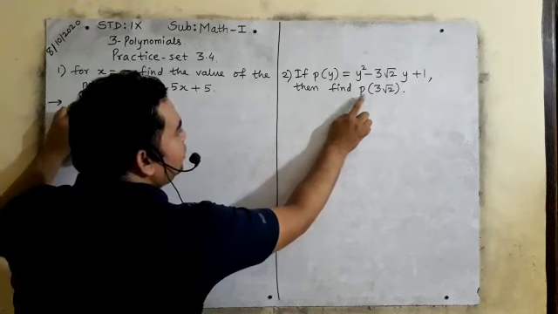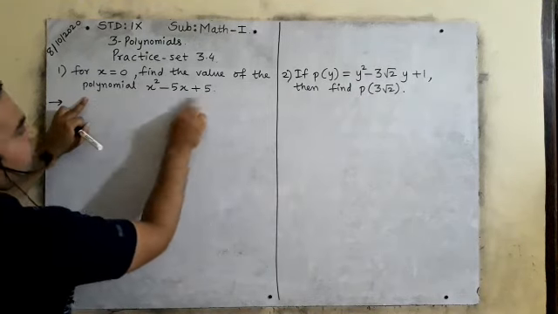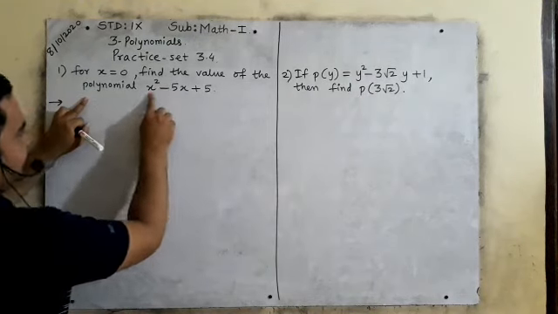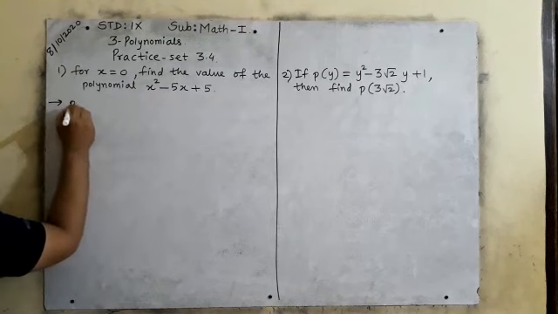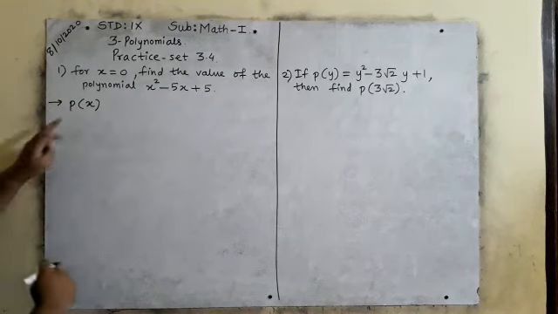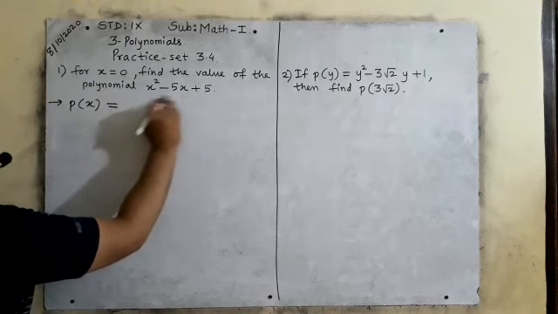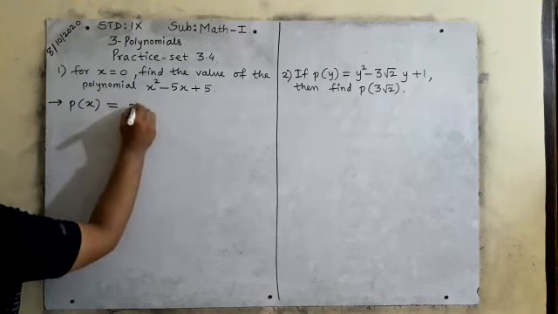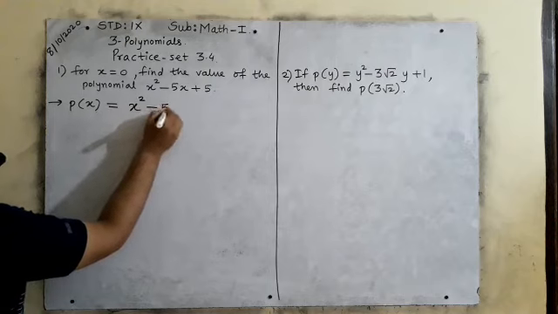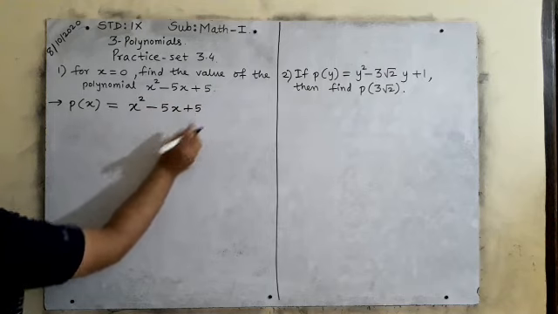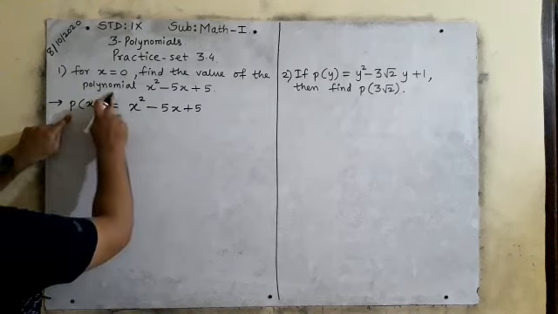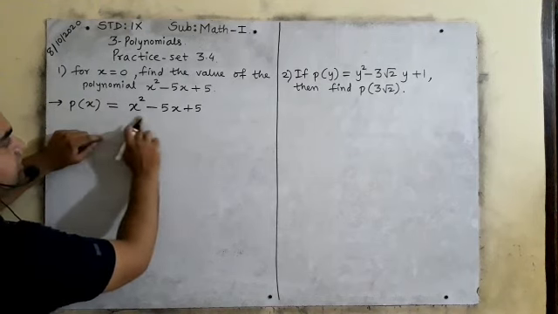Which variable is used in this polynomial? X. So I will write polynomial of x. P of x is equal to whatever polynomial is given to you, you will copy as it is. X square minus 5x plus 5.